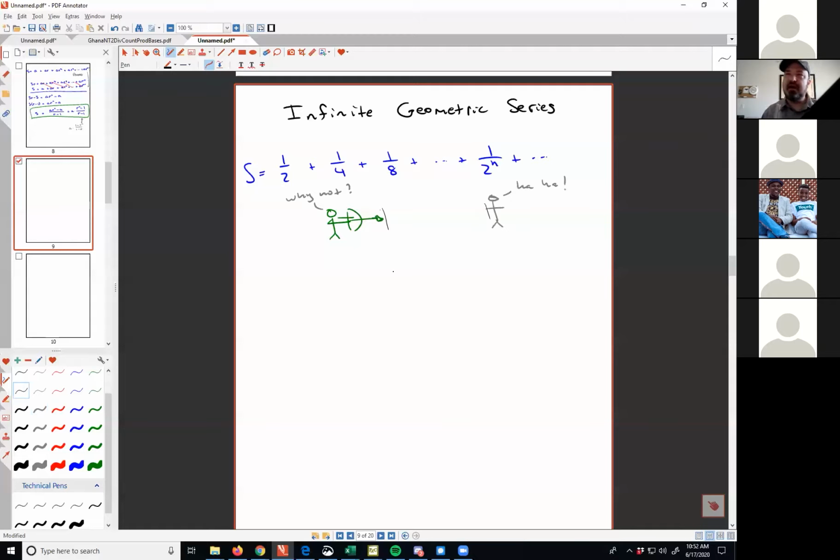And in order to travel that distance, it must travel halfway there, and then half of that remaining distance, and then half of that remaining distance, and half of that remaining distance. And it must do that infinitely many times. So it's never going to complete the process.